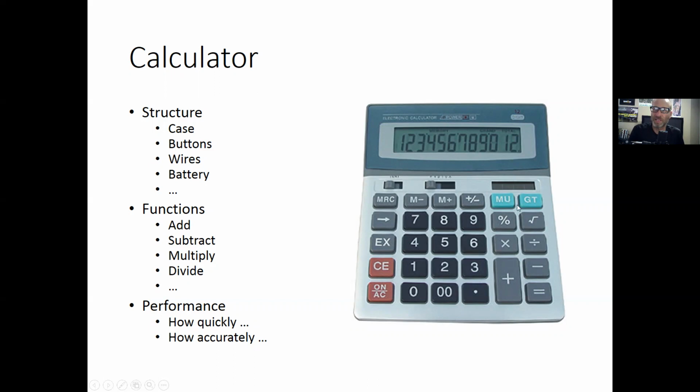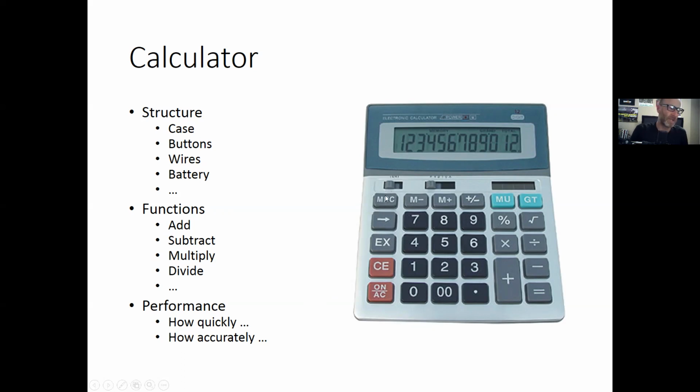Same thing with functions. How many functions do we want to build into a calculator? You know, this calculator is rather simple. Other calculators have all sorts of functions. And that may be important in designing a particular calculator. And then the performance, obviously we're interested in how quickly the calculator adds.